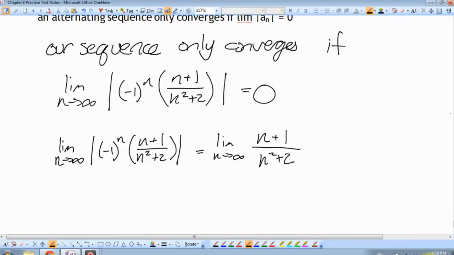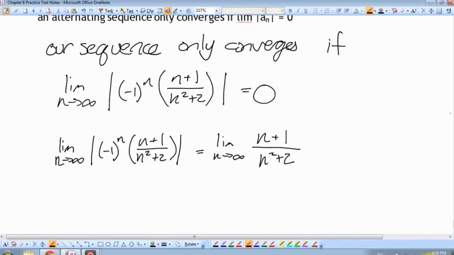Now we have a sequence that no longer alternates positive to negative; every term is now going to be positive. Technically, what you're saying is that the absolute value of (-1)^n is equal to 1. So you're not really getting rid of it, you're just making it 1.